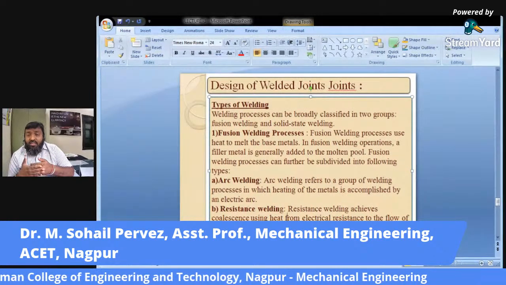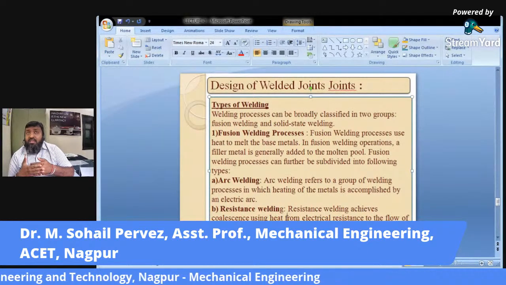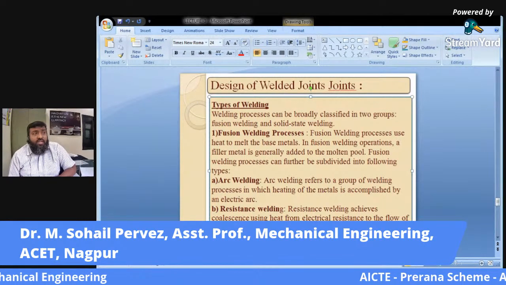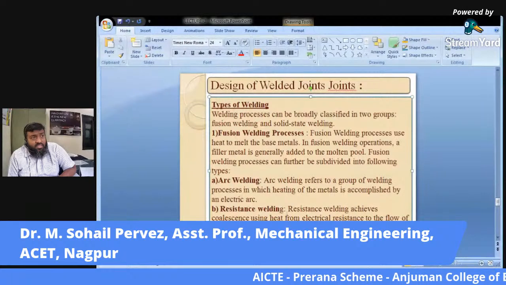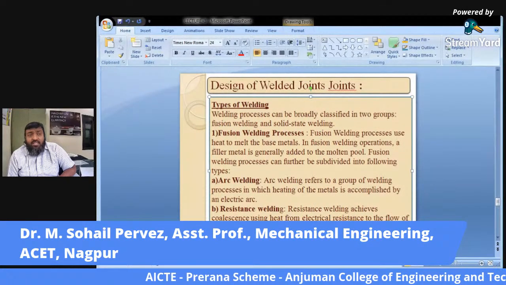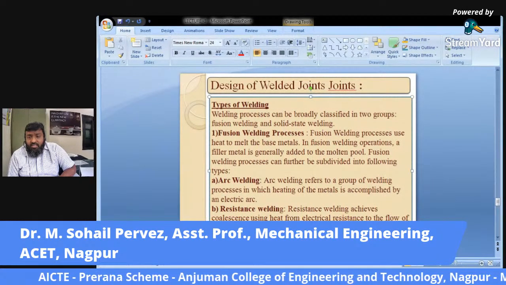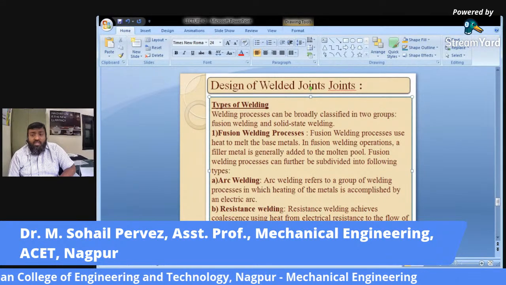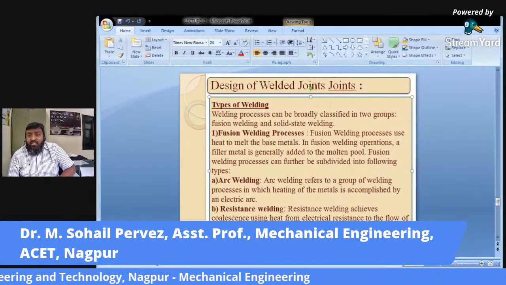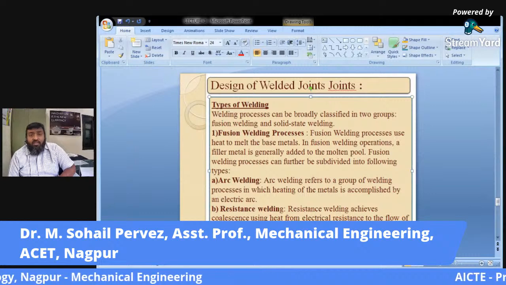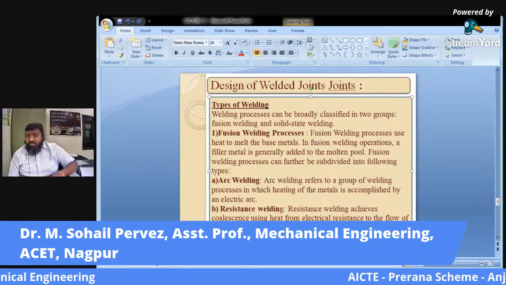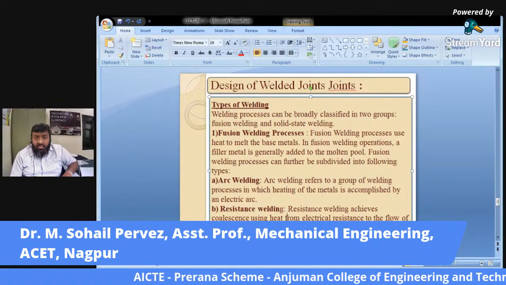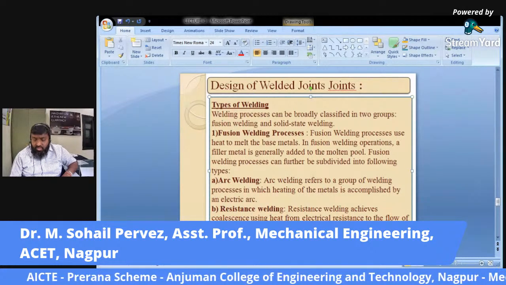The best example is spot welding, wherein we pass a current, and then some pressure is applied over that particular surface so that the welding can be properly done. Out of this, again, there are a few examples. We'll come over this issue later on.